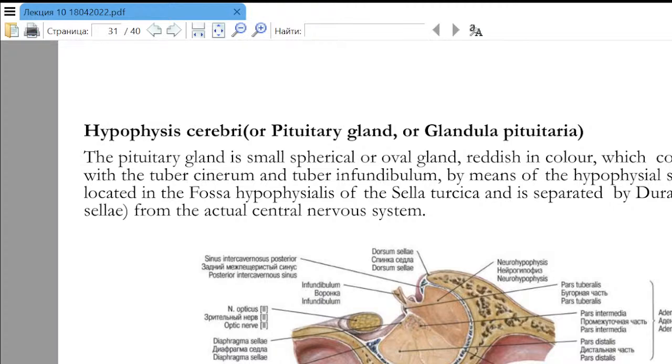The pituitary gland is located in the fossa hypophysealis or sphenoidalis.